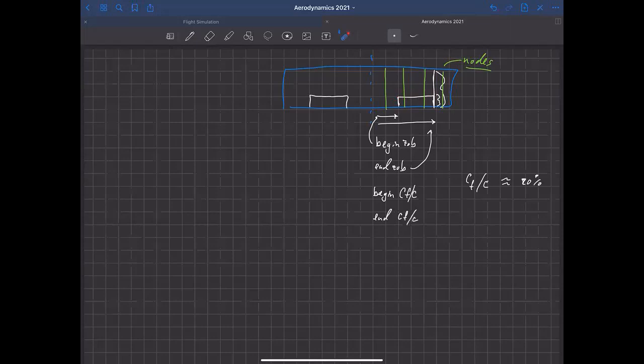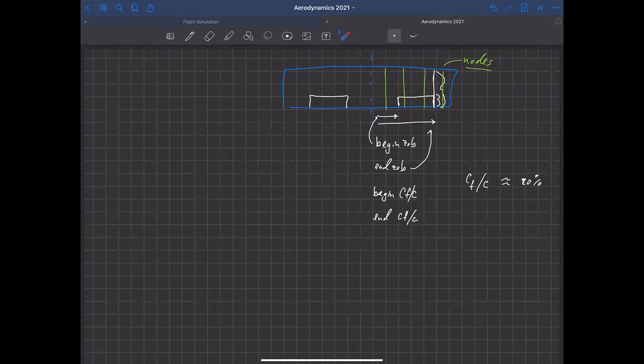So, in order to compute our chi vector, you remember chi depends on the CF over C at each location, right? So we need to figure out what the CF over C is for each of our nodes of interest here. So let's zoom in on this problem.